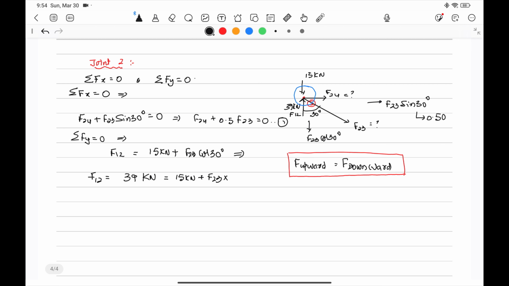F23 into cos 30 is 0.866. That means F23 is equal to 39 minus 15 divided by cos 30. That is equal to 24 divided by 0.866. Check the answer. What will it be?